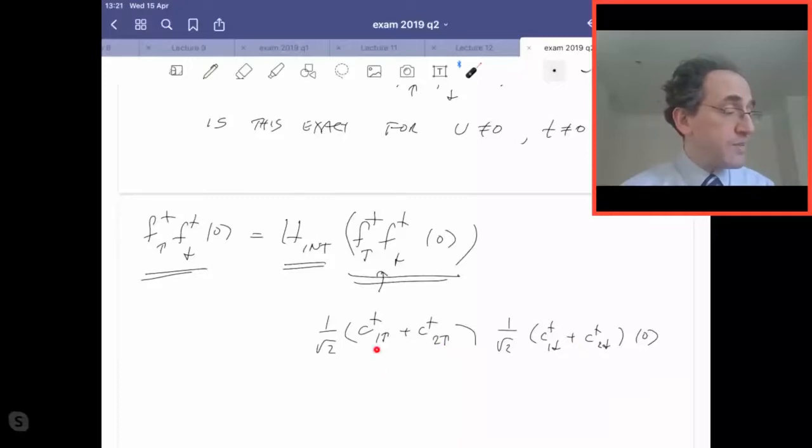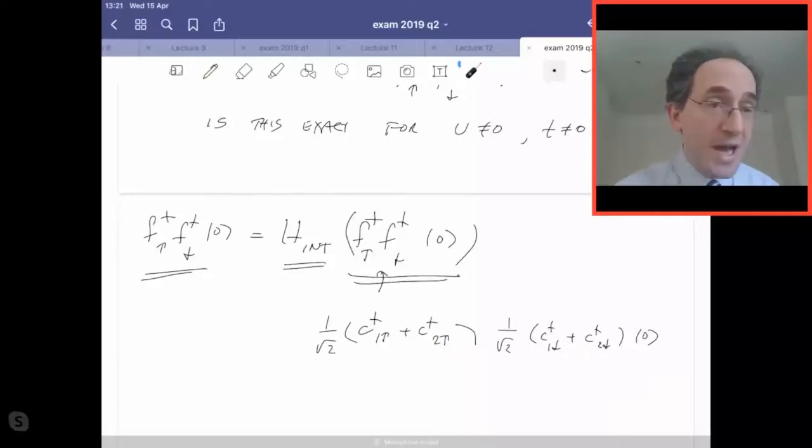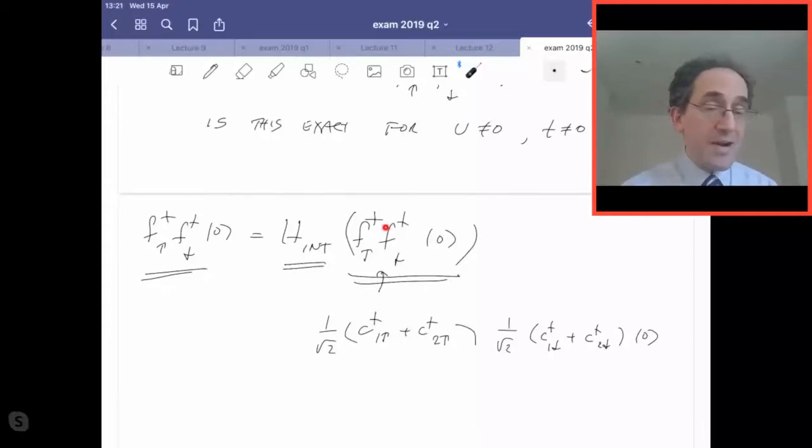Whereas the cross terms have 2 particles on opposite sites and they do not get an energy of U. So therefore, this F dagger state is not an eigenstate of the interaction term of the Hamiltonian, so the Hartree-Fock ground state is not an exact ground state for t not equal to 0 and U not equal to 0. And that is the end.